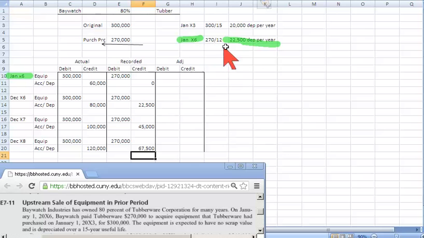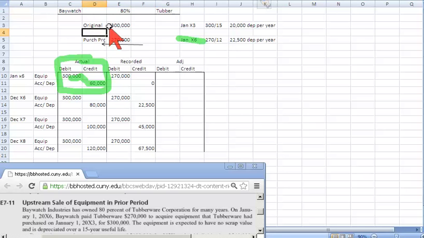Now, let's look at something here. Now, we haven't calculated gain yet. I think we should do that now. So, first we need a book value on the date of the purchase, which is January '06. So, the book value on January '06 is right here, which is 300 minus 60 accumulated depreciation.